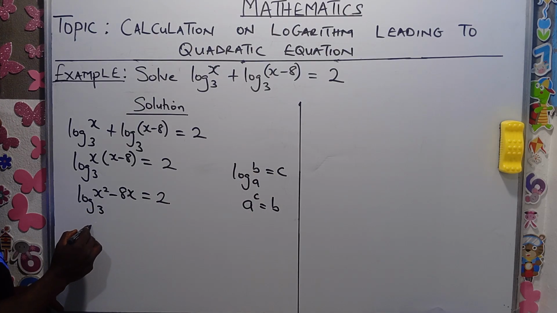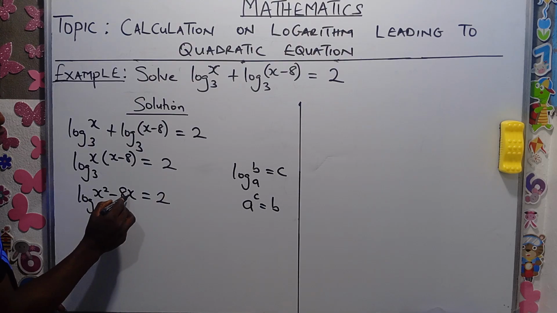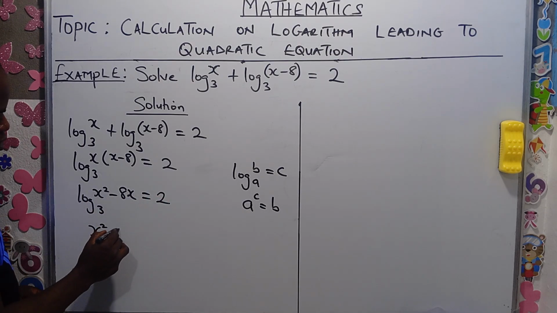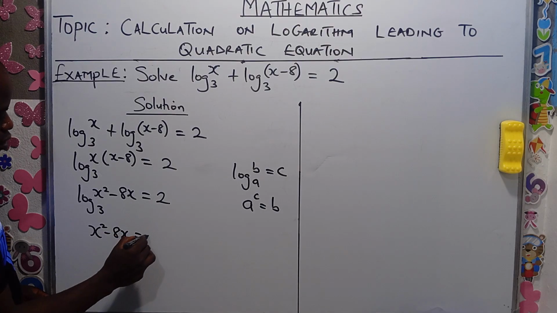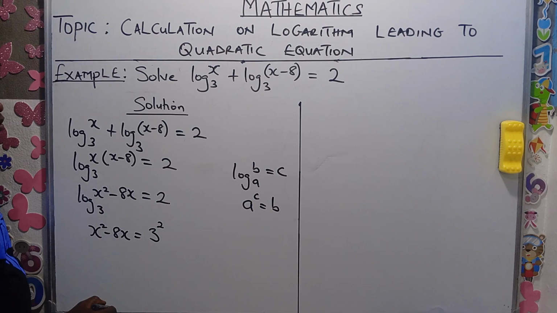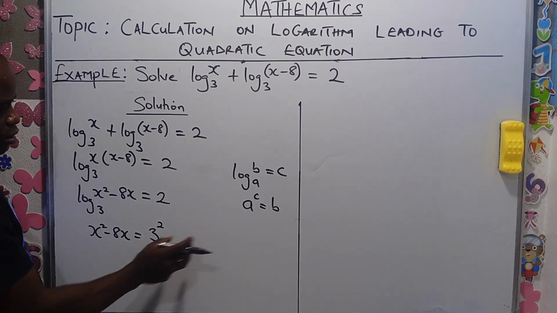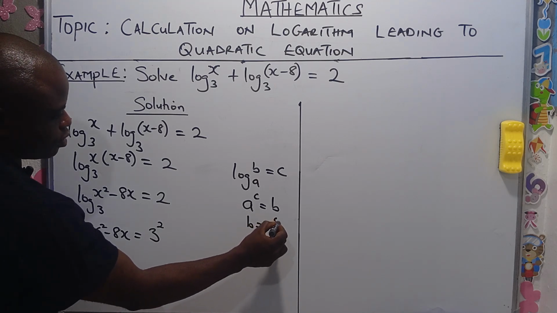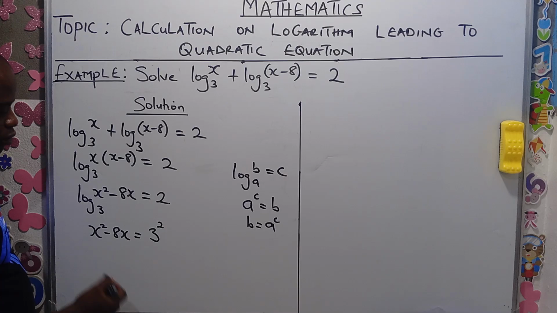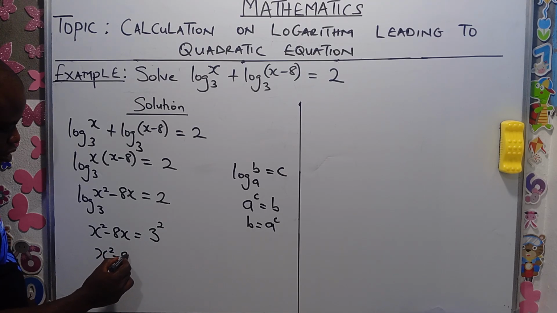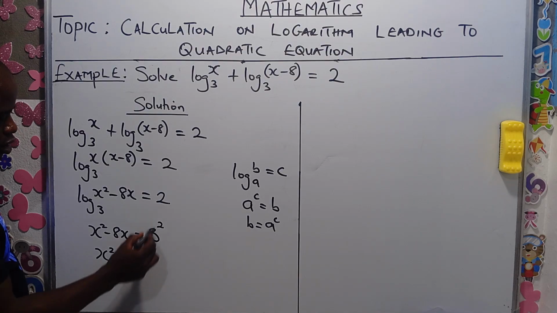Now x squared minus 8x stands as b. We have x squared minus 8x equals 3 raised to power 2. Still the same thing when you write b equals a raised to power c.